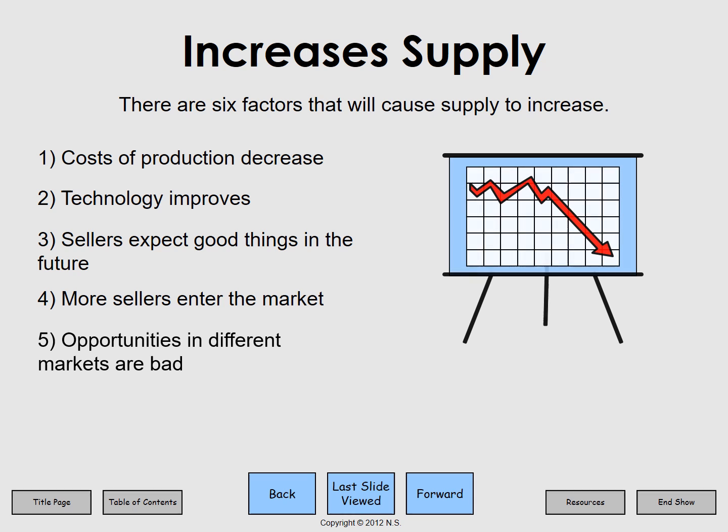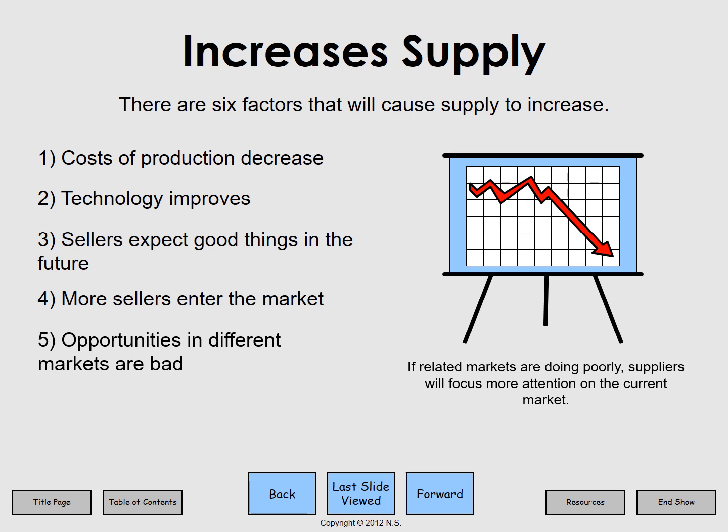Opportunities in different markets are bad. If related markets are doing poorly, suppliers will focus more attention on the current market. So we all know soft drinks are bad for you. All the chemicals and sugar that they put in soft drinks. We know that lemonade is probably going to be healthier for you.